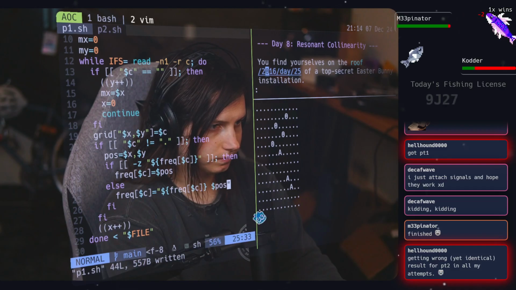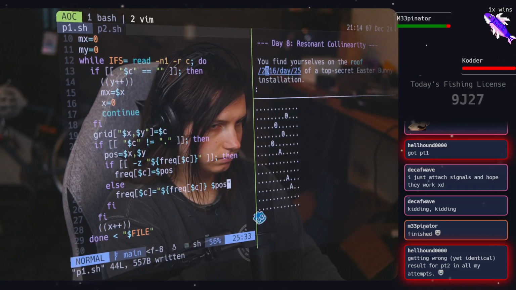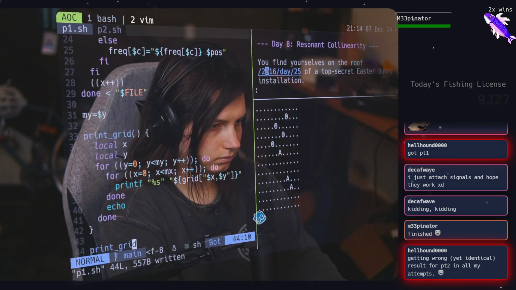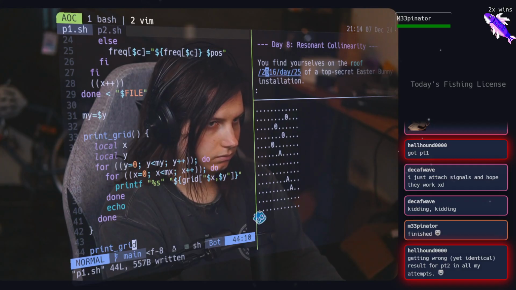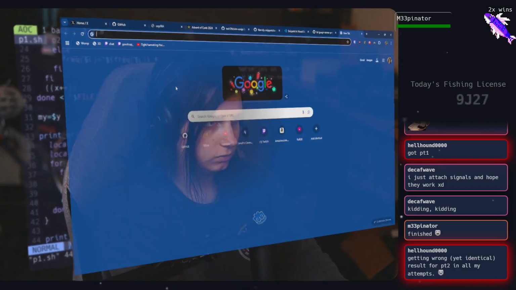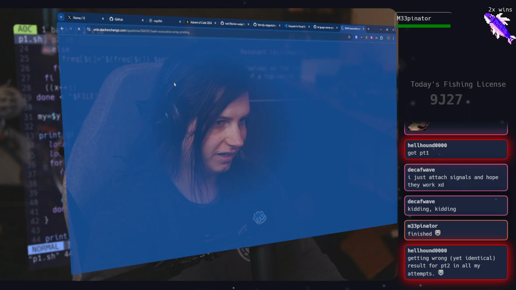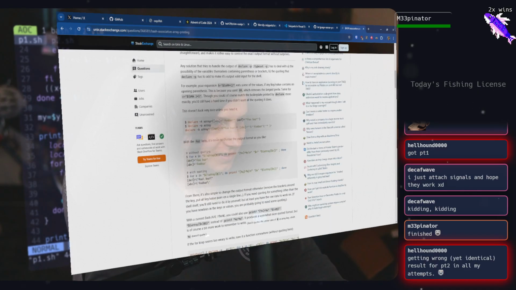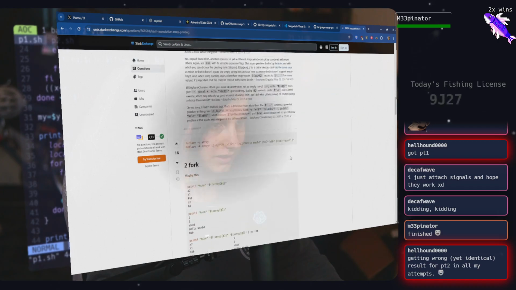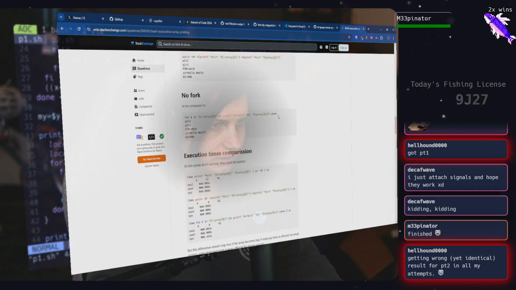Cool. Print associative array. This is another thing that's going in my snippets after tonight. I want this one.